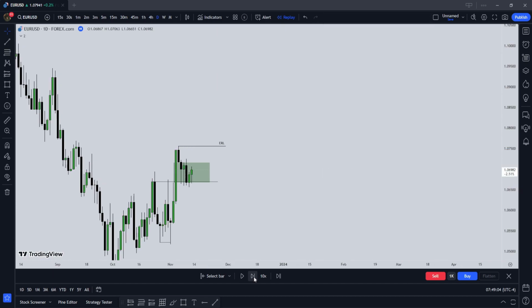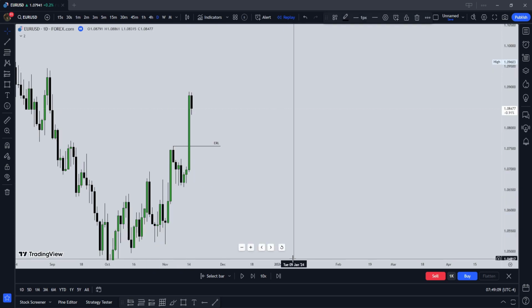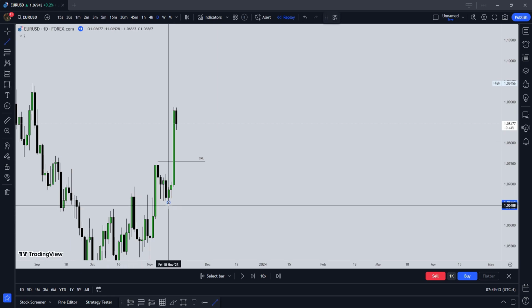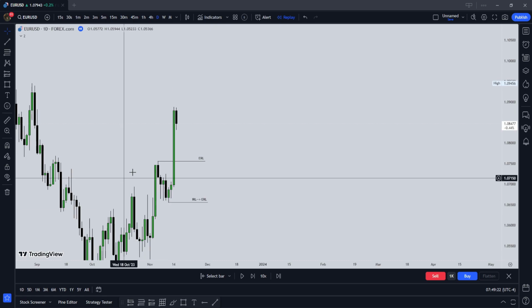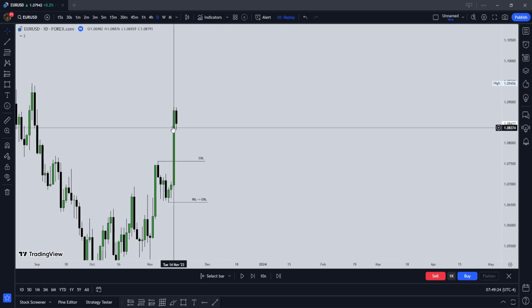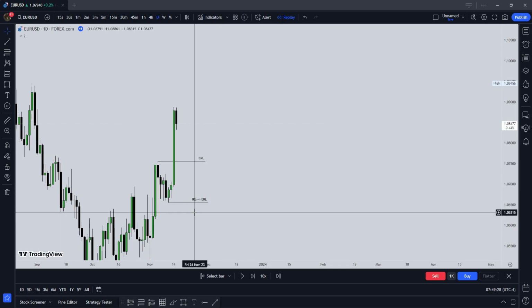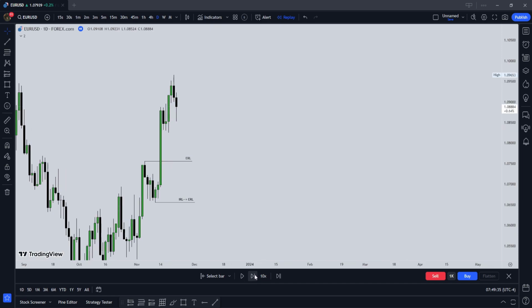As you can see, price consolidated and finally displaced above that high. So what price made here is that we went from internal to external range liquidity. This low was internal, and after displacing and taking out external range liquidity, breaking out of here, this low became our external low, and I'm waiting for price to make an external high here.